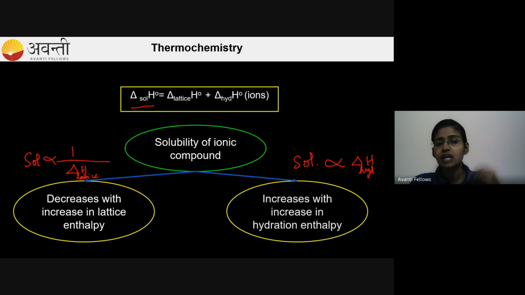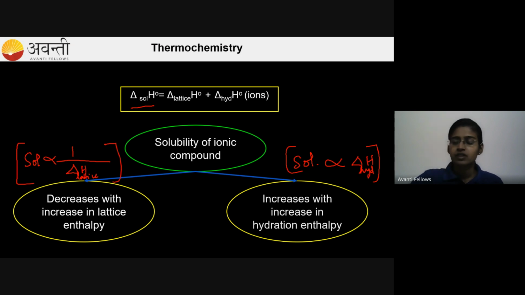If the lattice enthalpy is more, then the solubility is very less. If the hydration enthalpy is more, then the solubility is also more. These are the two relations we have to use to find the solubility of an ionic compound, or this can be called a criteria, in terms of lattice energy and hydration energy.